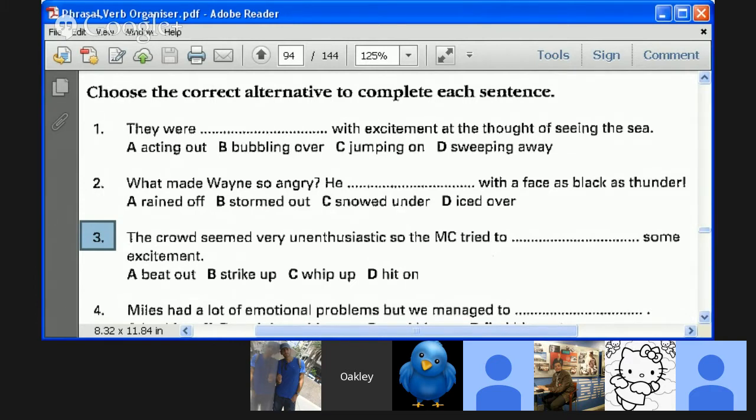All right, let me talk to Felipe. Felipe, how about number 3? What do you think? The crowd seemed very unenthusiastic, so they tried to blank some excitement.